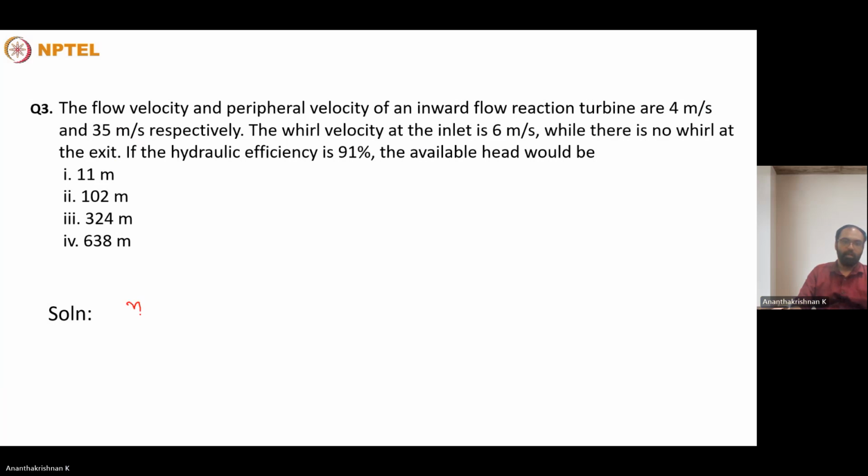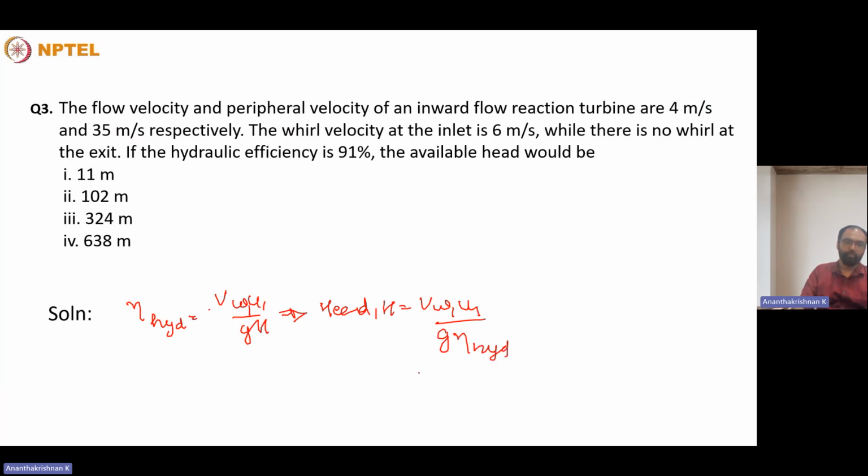So the hydraulic efficiency is given as Vw1 U1 divided by gH. From here, the head H is given as Vw1 U1 divided by g into the hydraulic efficiency.